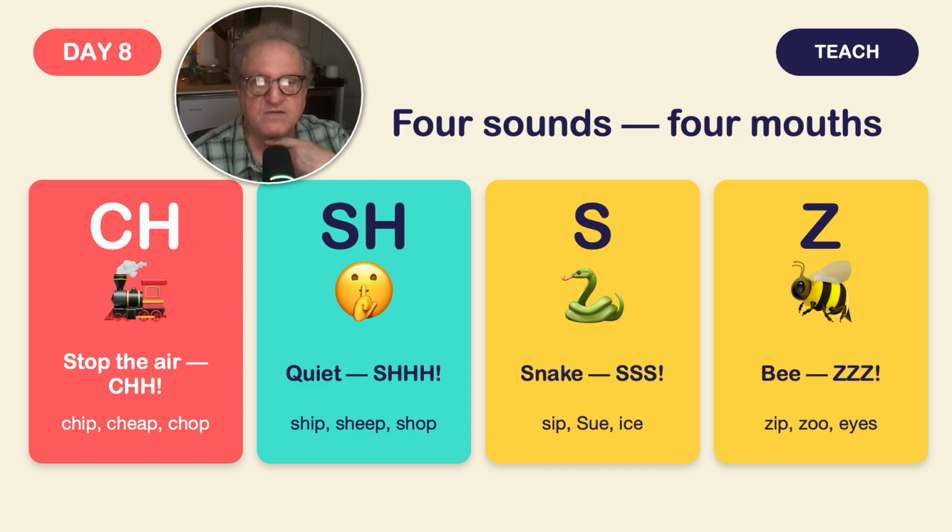So it's S with vibration. Hear that? It's like in zip and zoo and eyes. There's no Z in eyes. It's plural of eye, but it has a Z sound. The S has a Z sound very often in plurals.